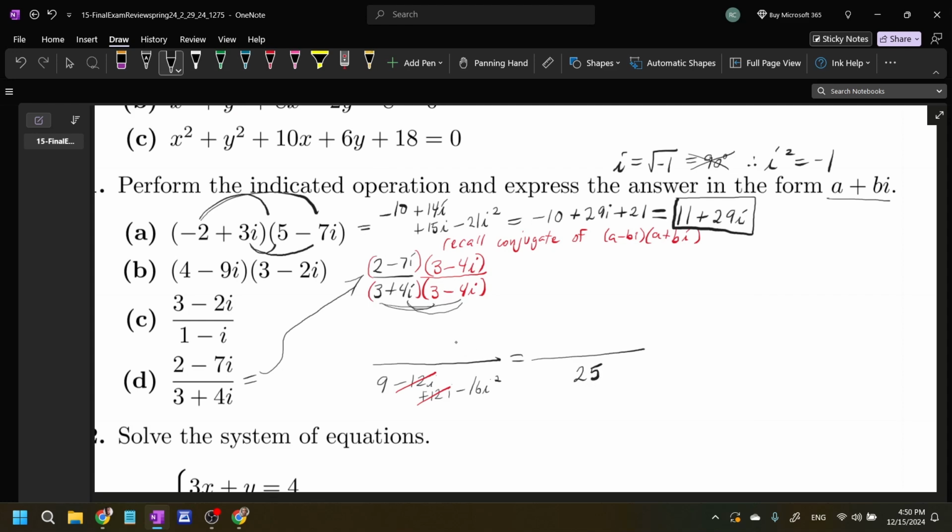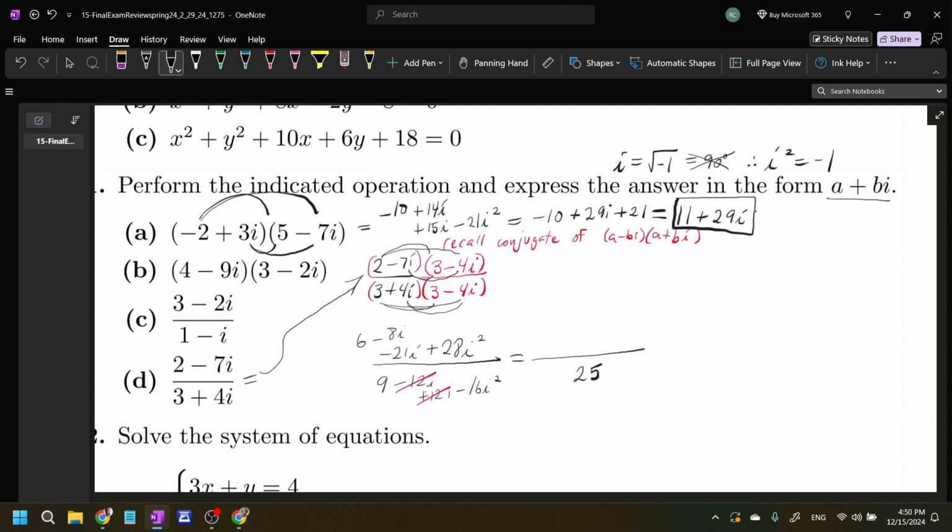Okay, our numerator, let's go ahead and FOIL those. Let's multiply. 2 times 3 gives us 6. 2 times negative 4i is negative 8i. Negative 7i times 3 is negative 21i. And negative 7i times negative 4i is positive 28i squared.